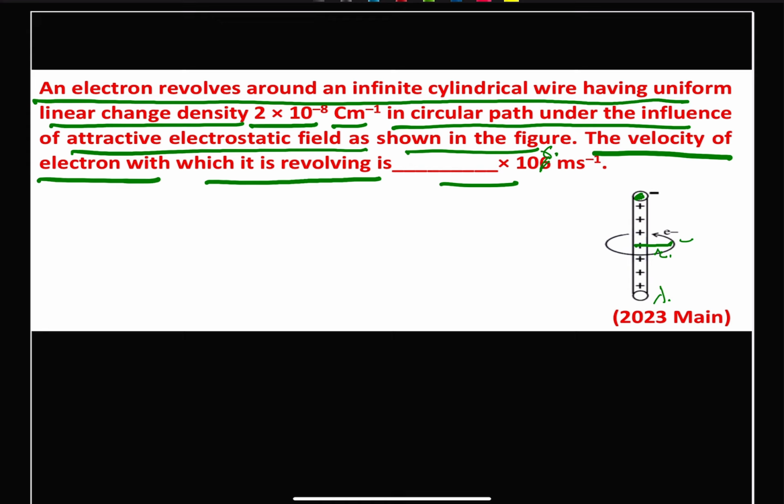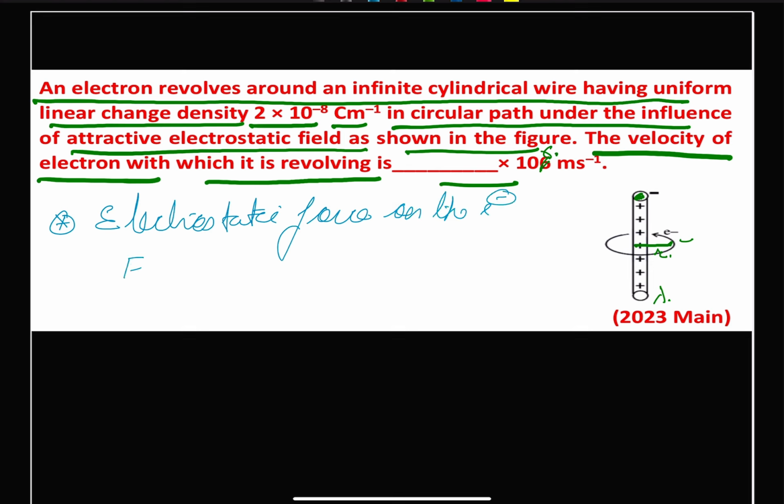Therefore we can say the electrostatic force on the electron, let us call this Fe, will be equal to our charge multiplied by electric field, and electric field we already know is lambda upon 2 pi epsilon multiplied by r.